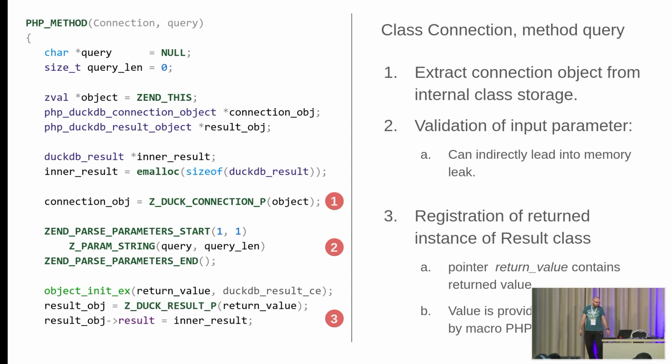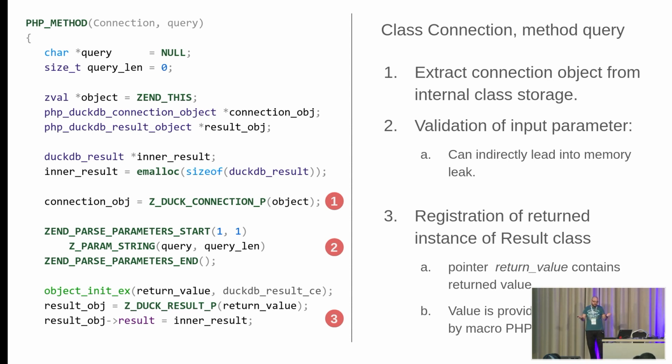So again, I will extract the connection object, and I will allocate the memory for my result object. And now it starts to be very interesting, because when I was preparing this presentation, I just realized that I made a mistake. I actually caused a memory leak. This memory leak is because after I allocate the memory, I do parameter validation.